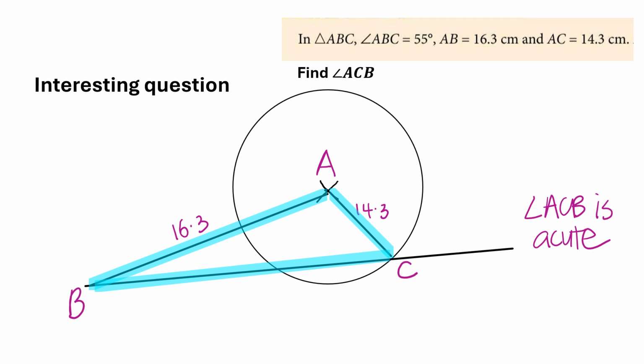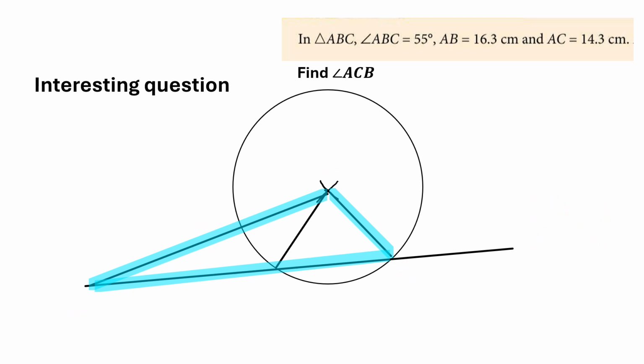All right, I've just drawn the circle. Point A is the center of the circle, and then your AC is actually the radius of the circle, which is 14.3. So I can draw another radius from A. And in this case here, what happened? Yes, you see that the angle ACB can also be an obtuse angle.